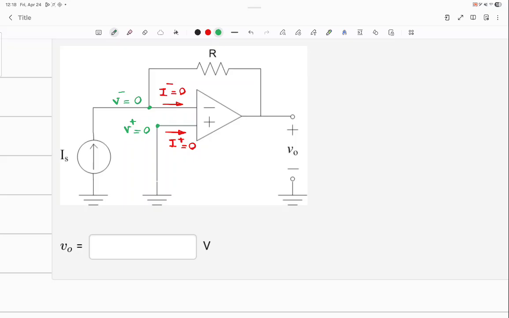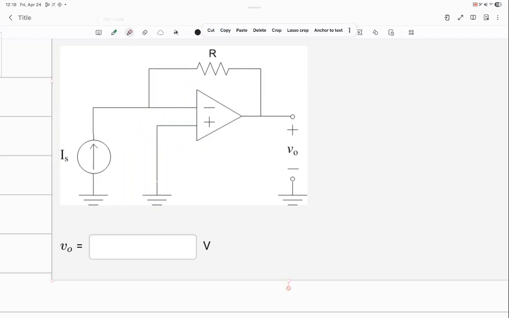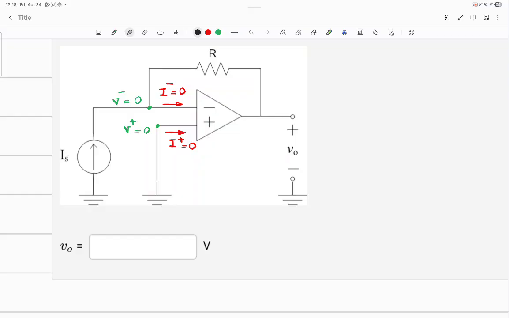Okay? Any problem? Good. Now, can you tell me what's the voltage at this node? It's 0 volts, right? It's all one node.